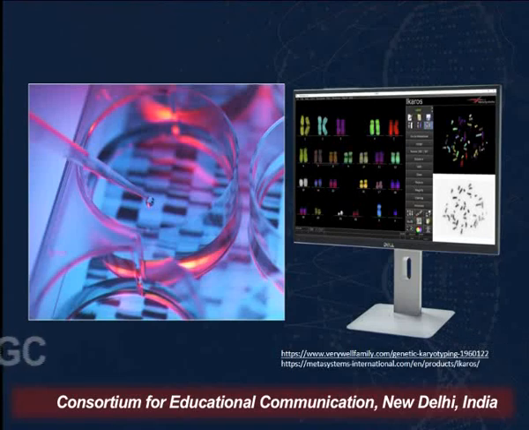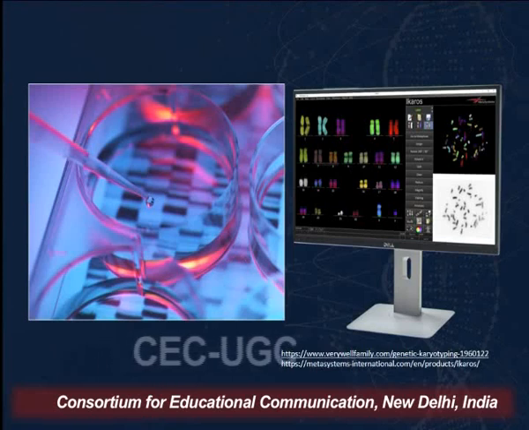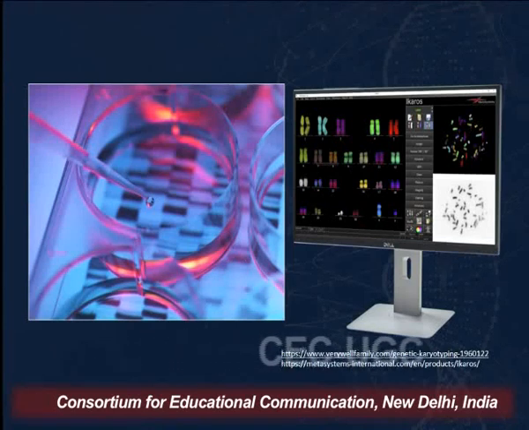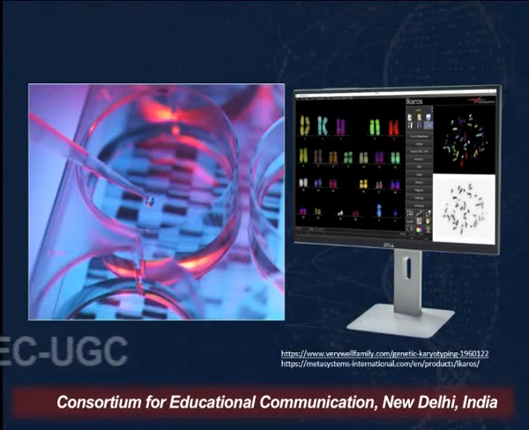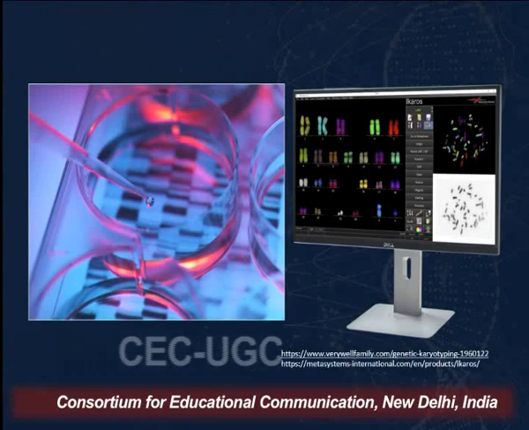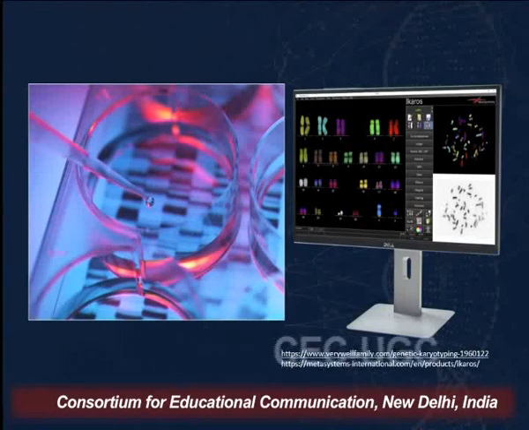Now there is a term which has come up nowadays called genetic counseling. In genetic counseling, chromosomal analysis of both the father and the mother is done before the child is born.